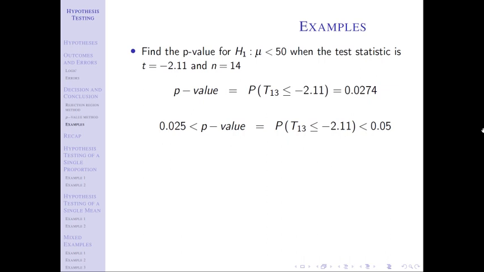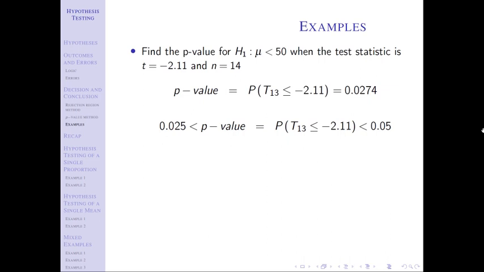Now remember, your T-table is everything right-tailed. It's all positive values for simplicity. And so we have a negative, so we're going to just ignore the negative, and we're going to say everything that's less than a negative works the same as greater than a positive. Okay, and so we're going to ignore that negative. We're going to see where 2.11 would fall, and we're going to say, oh, it's between two of these numbers.